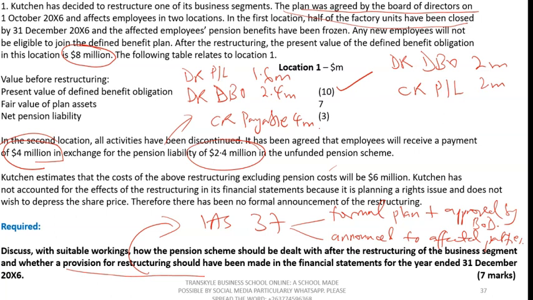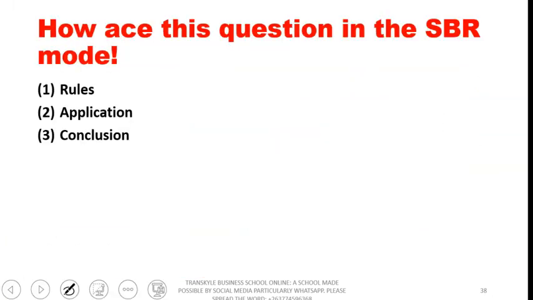So how do you answer? How do you structure your answer in the case of an SBR exam? Because that's where most students find it challenging. The first thing you have to do is understand the rules of the accounting standard. What does the accounting standard say about a particular issue?